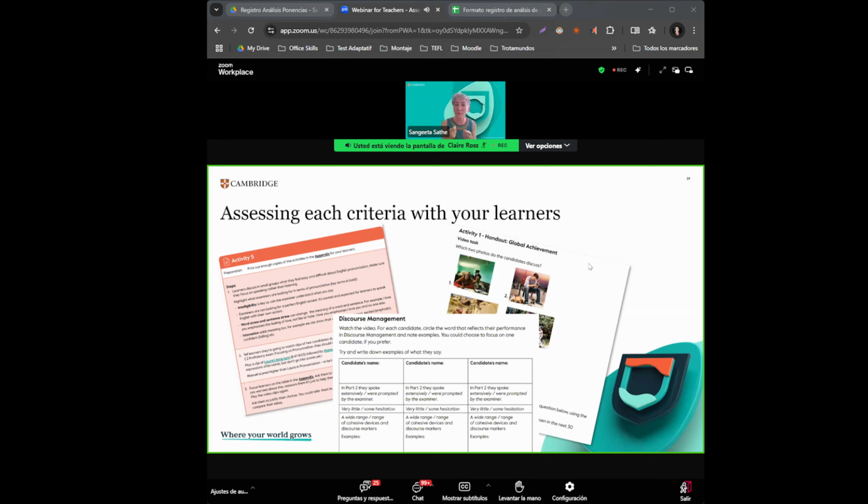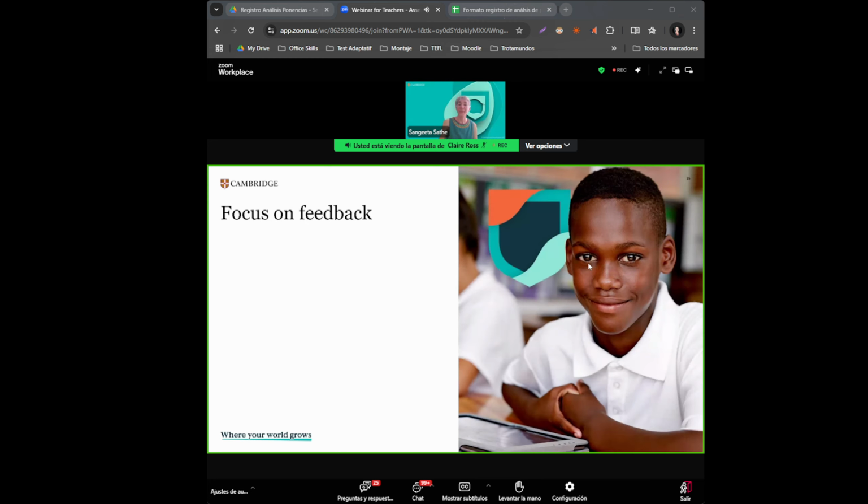So it helps you focus on the different aspects of the criteria and get used to what we're talking about when we say discourse management or interactive communication and what that means in terms of speaking skills. Now, when we are assessing our learners or when we're developing speaking skills, we need to give them feedback which helps them to be better communicators.